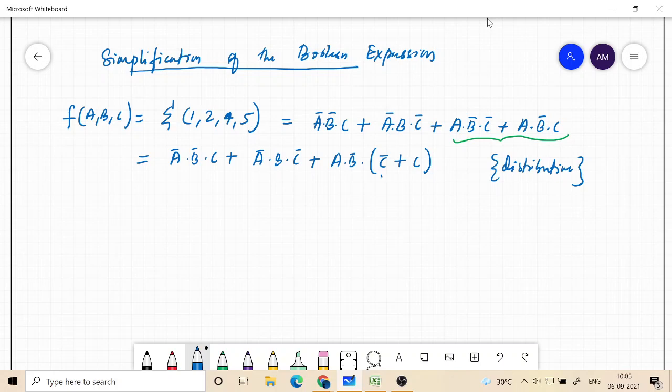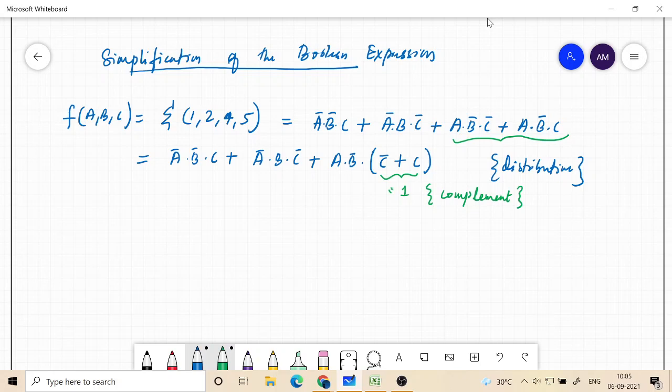Now secondly, what is this? From Boolean algebra, this is equal to 1, and this property is basically complement. Right, this is equal to 1 by complement. I mean, this is the definition of complement. There are two parts to it. One part is that C plus C bar equal to 1, other is C dot C bar equal to 0.